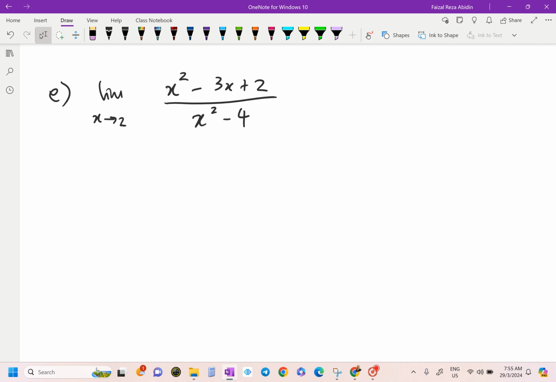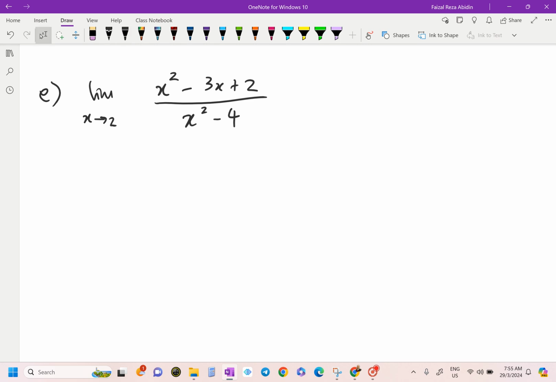For x squared minus 3x plus 2, if you're using your calculator straight away, press mode three times, and you are going to have x equals 2 and x equals 1. So you have x minus 2 and also x minus 1. Over x squared minus 4, we can use our calculator to get the two values of x.